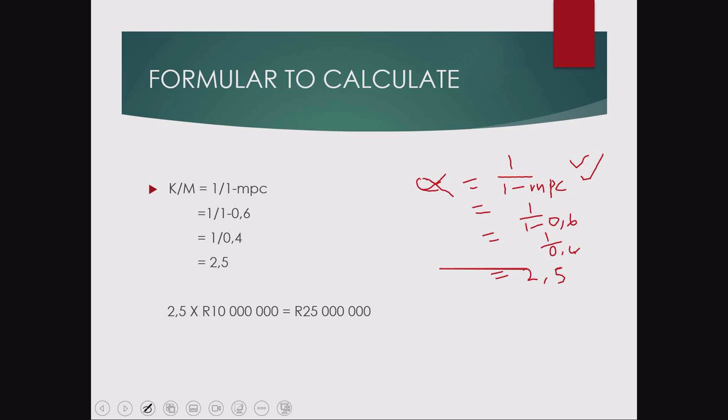Now you take your 2.5 and multiply it by the initial spending. Remember we said there's 10 million as the government expenditure, as an injection for the building of new roads. When you multiply that 10 million with that 2.5, which is our multiplier, you get 25 million. That's how much the national income has increased.